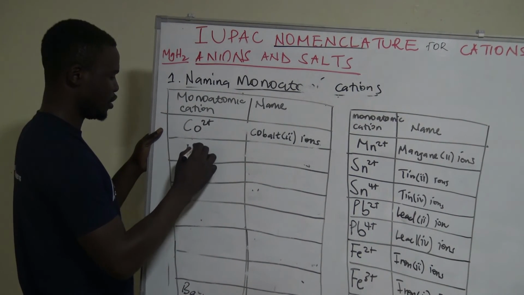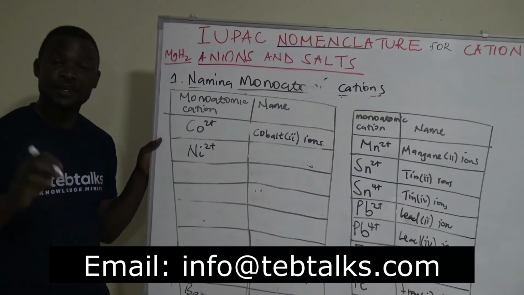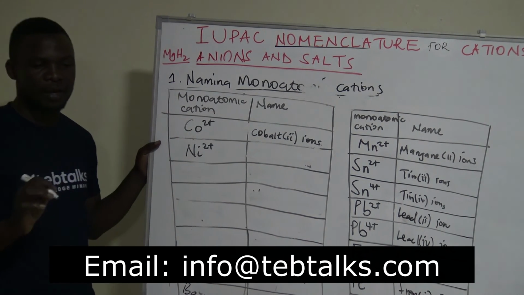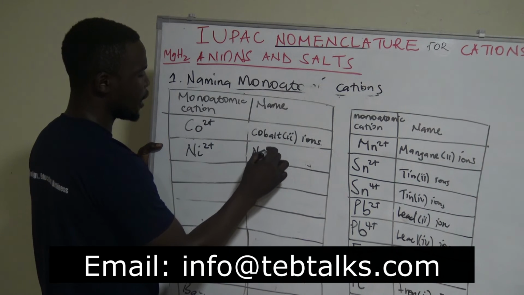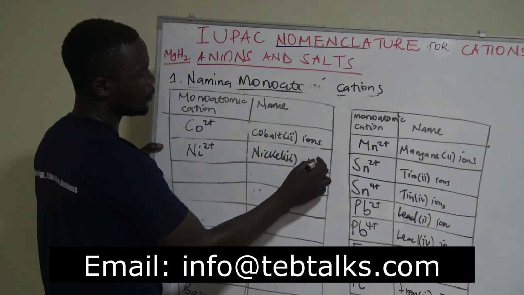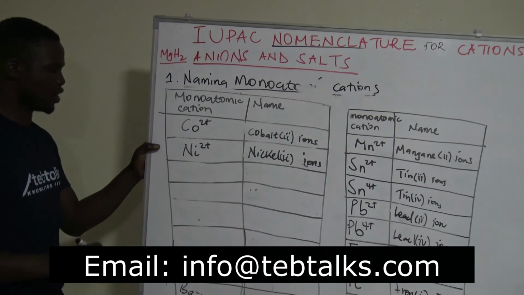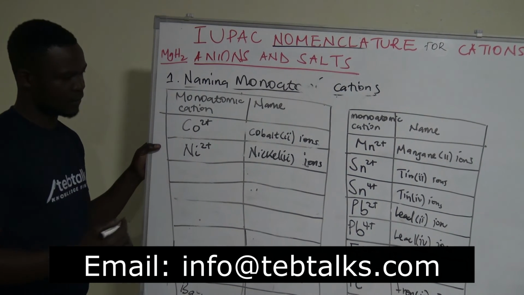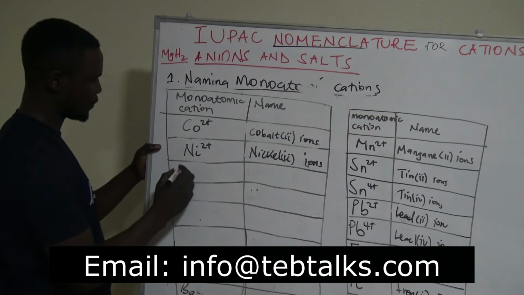Then nickel. And now here you're realizing that we are dealing with the transitional elements. So if I'm dealing with the transitional elements, it means that they exhibit more than one oxidation state. That is one of the characteristics, as you will find out in your inorganic chemistry, that is group elements. So nickel also exhibits various oxidation states.